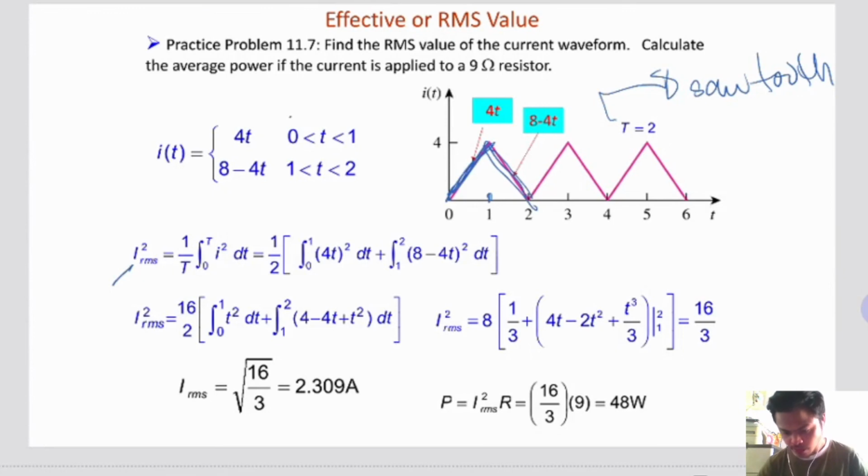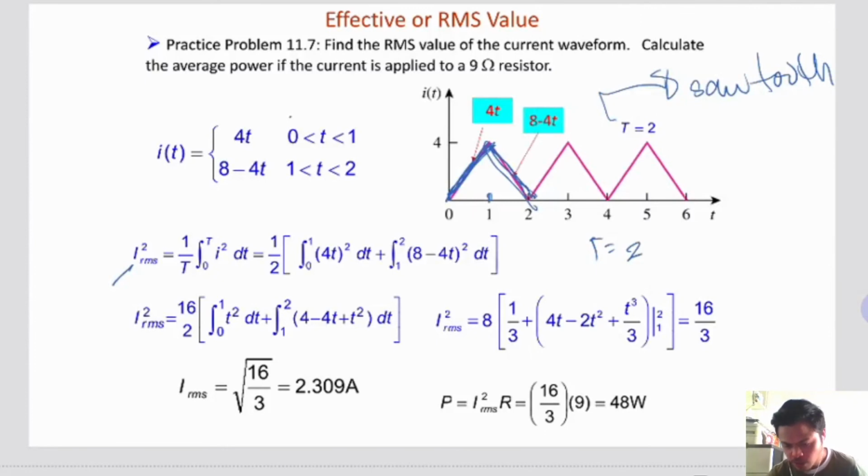From that, we have 1 over T, the integral from 0 to T of I squared dt. One period is from 0 to 2, this is your one cycle. So the period is 2 seconds.